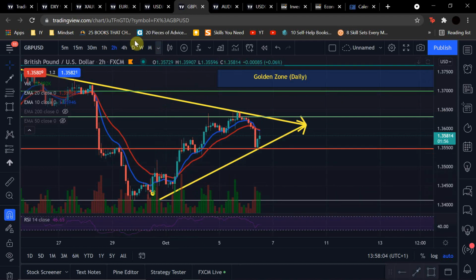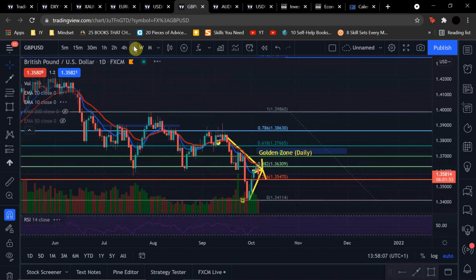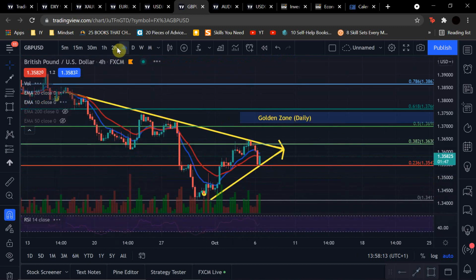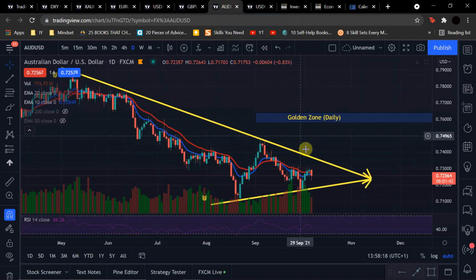I think this could happen because, you know what, there was a big symmetrical triangle that happened somewhere around here, and it broke. Look, you see this bearish engulfing pattern? Yeah, that was all from what we saw. And then AUD USD, I got this marked up, symmetrical triangle.